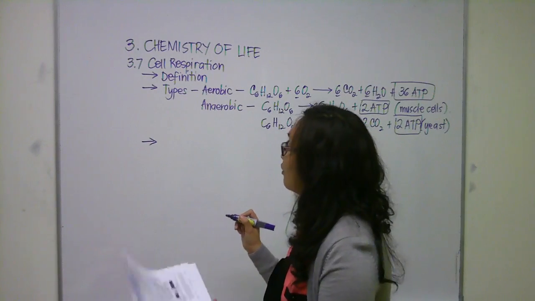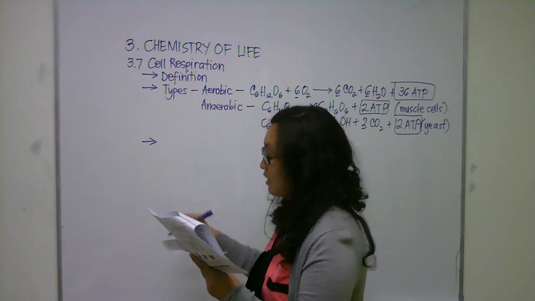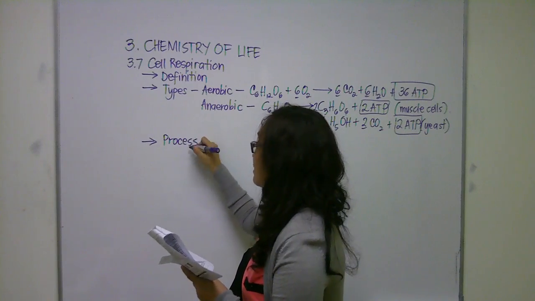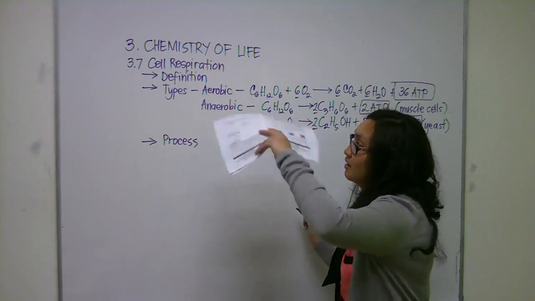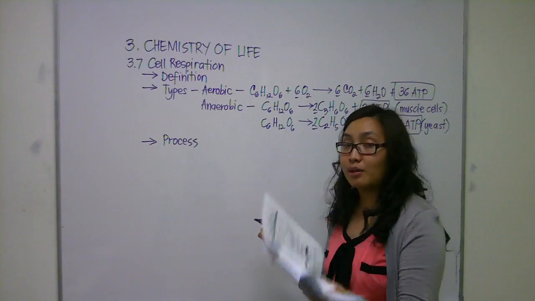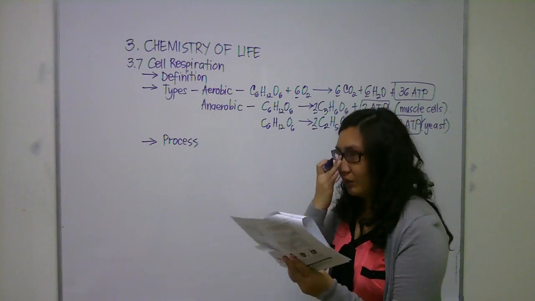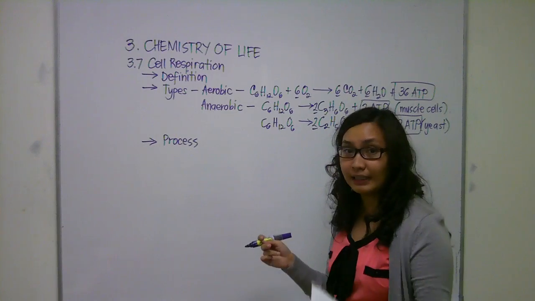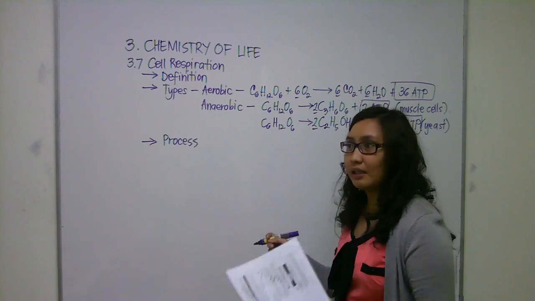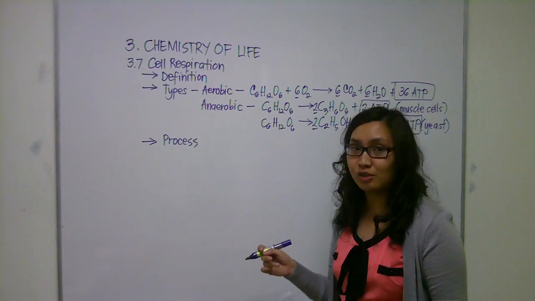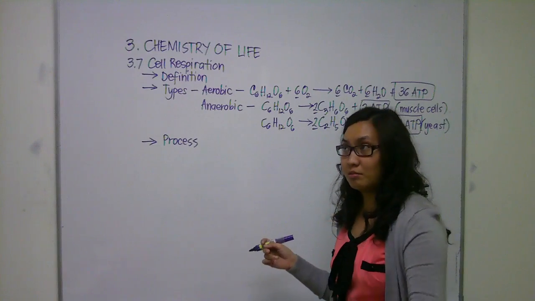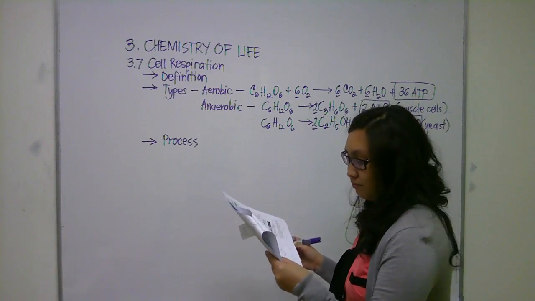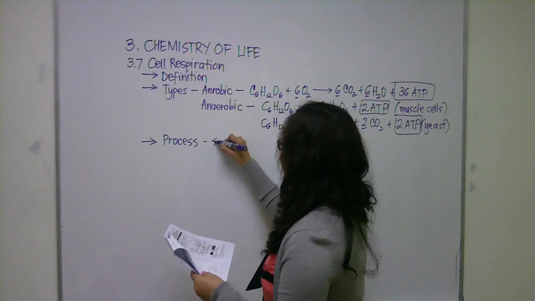The next area that is going to be discussed in cell respiration is the process. Since this is under chemistry of life, the process has to be simplified. We don't need to elaborate on the Krebs cycle, the link reaction, and the electron transport chain that are to be discussed later on in Chapter 7.